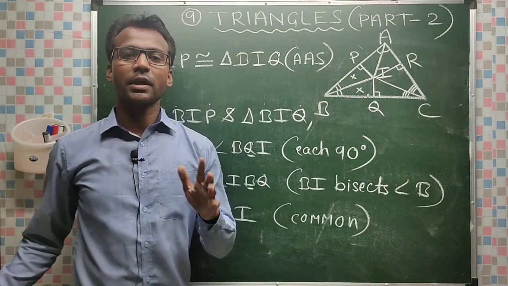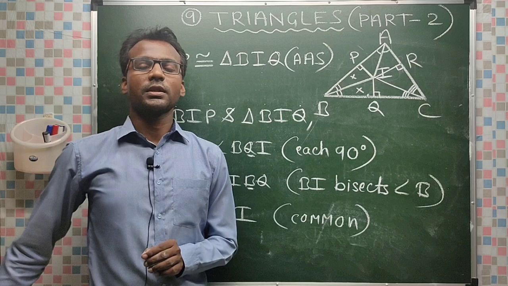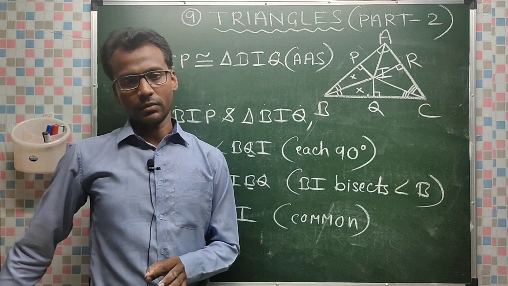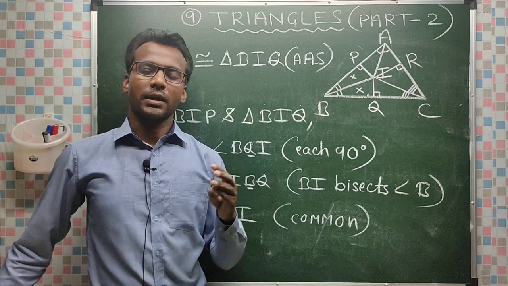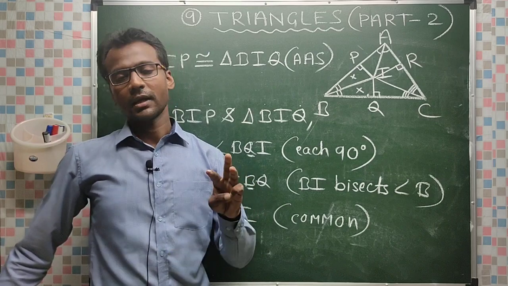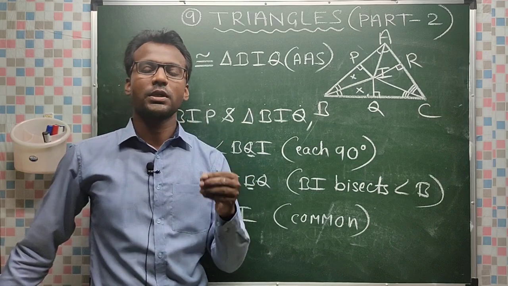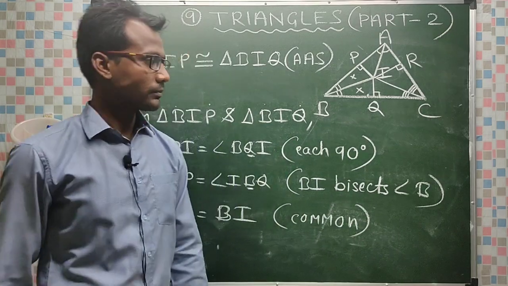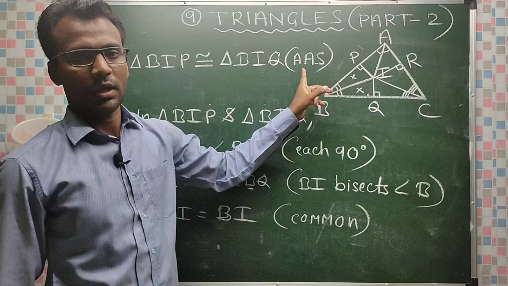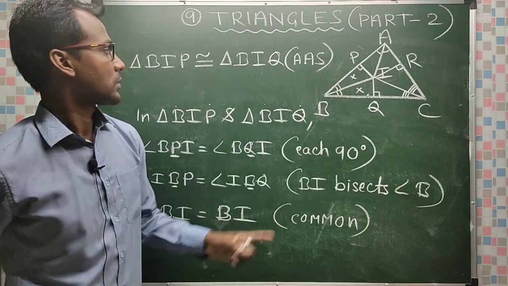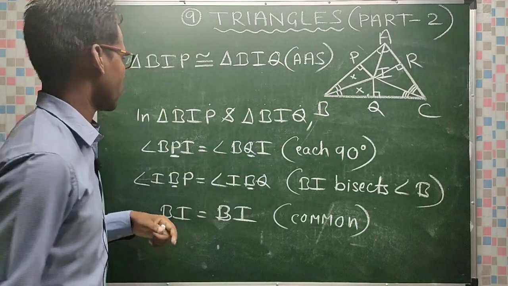So just by looking at a right triangle, do not think that only RHS postulate will be applicable. Side angle side, angle side angle, angle angle side, and side side side, these four postulates can be used in any type of triangle. So although it is a right triangle, we have used AAS postulate. So by this postulate, these two triangles are congruent.